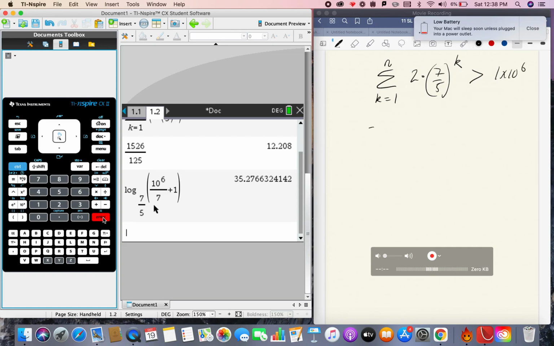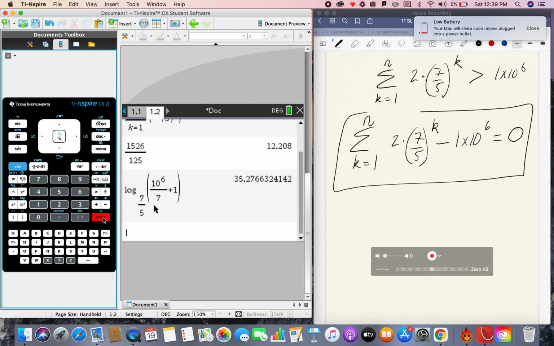Now if I rearrange this, if I do k equals 1, 2 times 7 over 5 to the k here, if I choose n here, I do minus 1 times 10 to the 6, and I put a little equals 0 again. I'm going to see if I can solve this equation using the calculator.